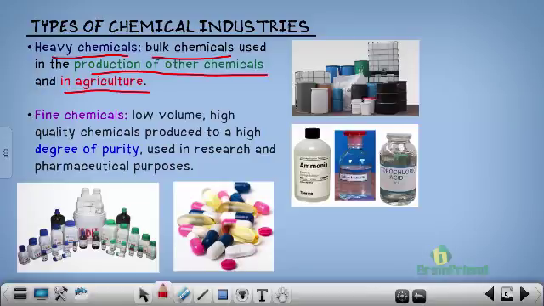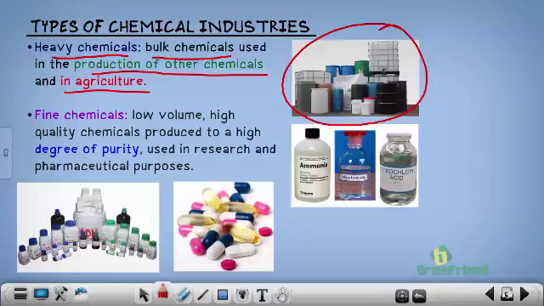This means that heavy chemical industries produce chemicals in very large quantities, and these chemicals are in turn used in the production of other chemicals and in agriculture. Here we can see some chemicals that are produced in very large quantities together.